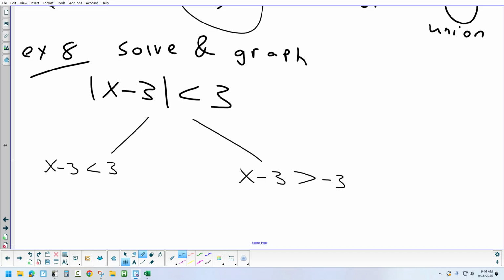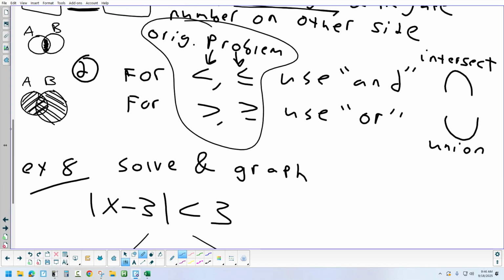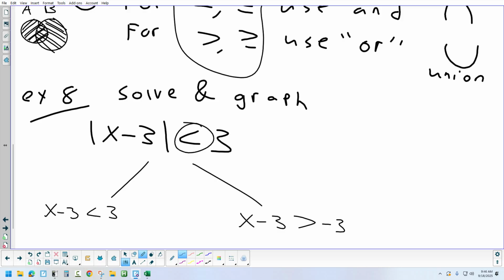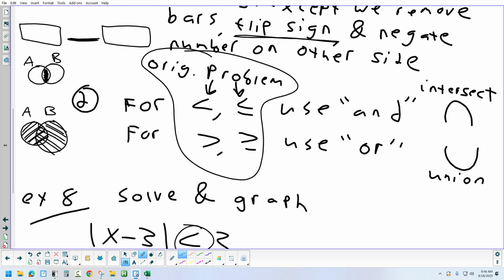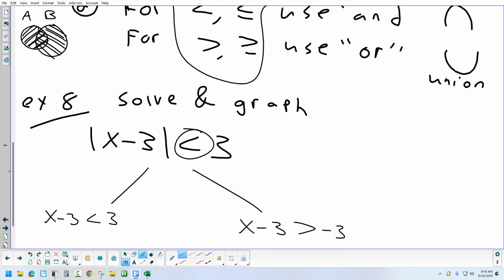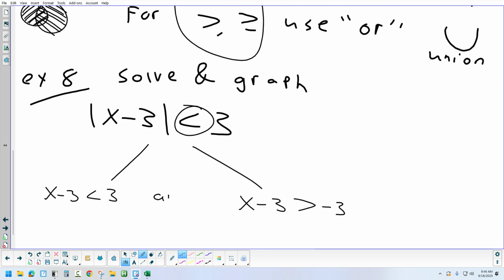You either can be this one or this one, but not both. Remember, we have to look at this original symbol. It's an and. So when you look back at the original problem, that had a less than in it. And by the way, I should clarify that. It's the original problem after the absolute value is isolated. Okay. So in this case, it is already isolated. So that's an and.